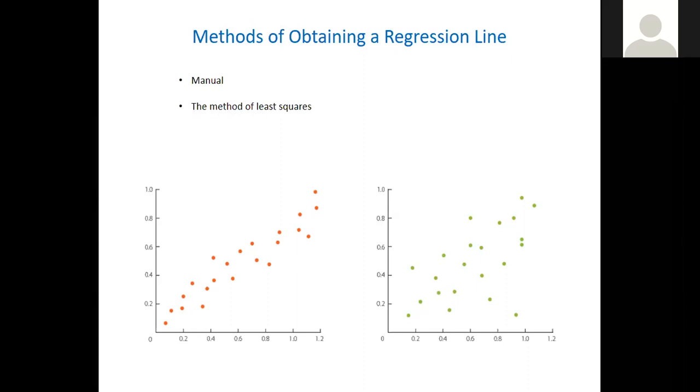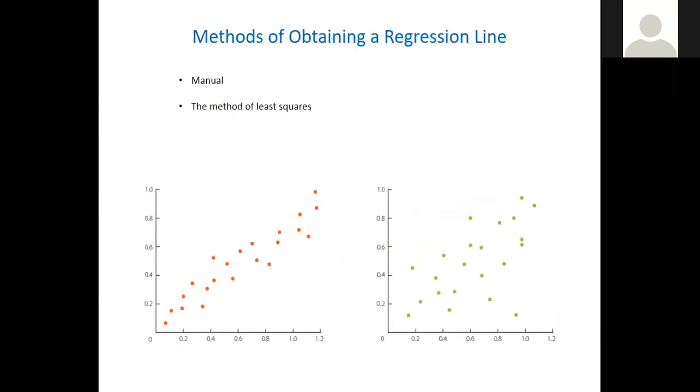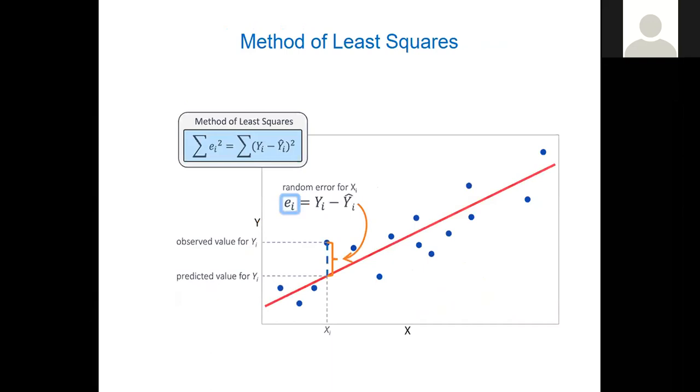The way the statisticians work is that if you draw the line and look at the distance between each point and the line, the difference in the distance will be the error. Those points below the line have a negative error, because the value is less than what the line predicts for them.